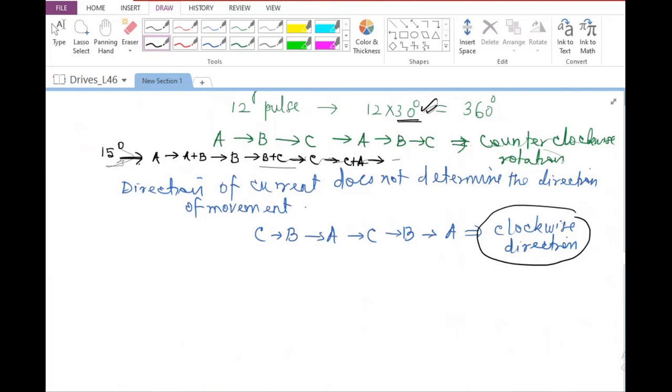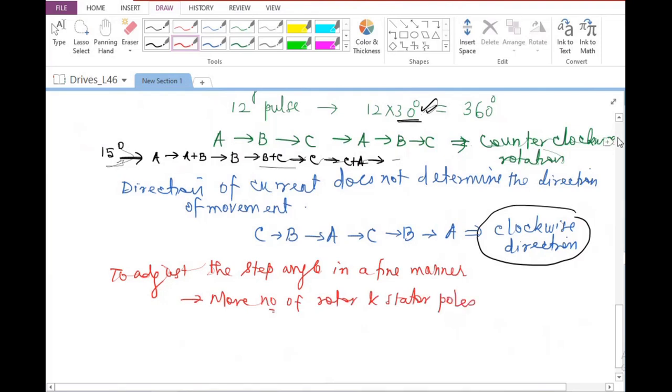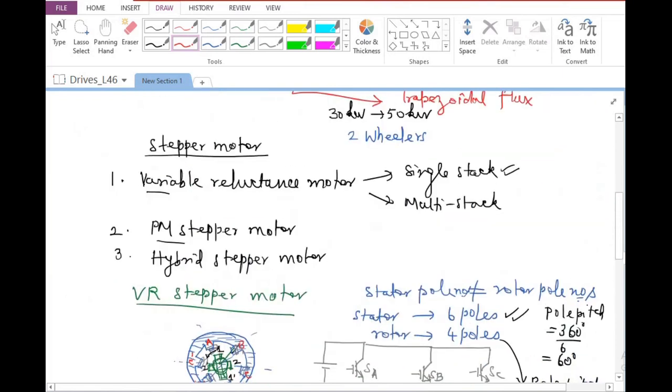I would be able to adjust the step angle in a fine manner. To adjust the step angle in a fine manner, either I have to have more rotor and stator poles, which we can definitely carve out, because after all, these are only iron pieces.